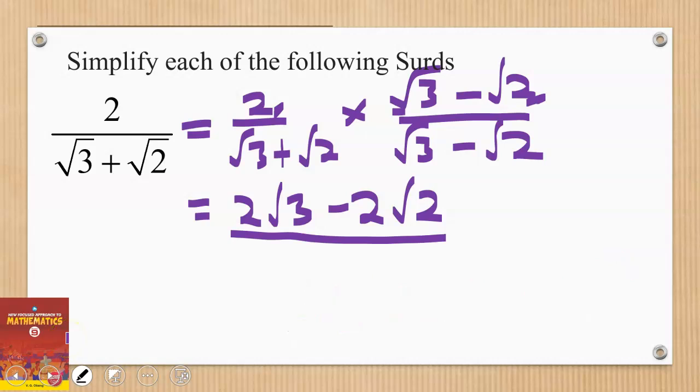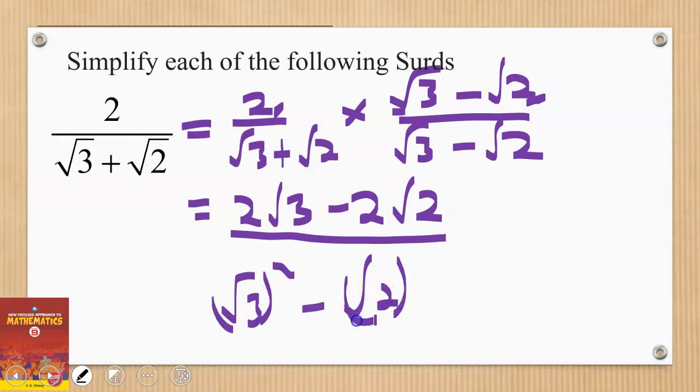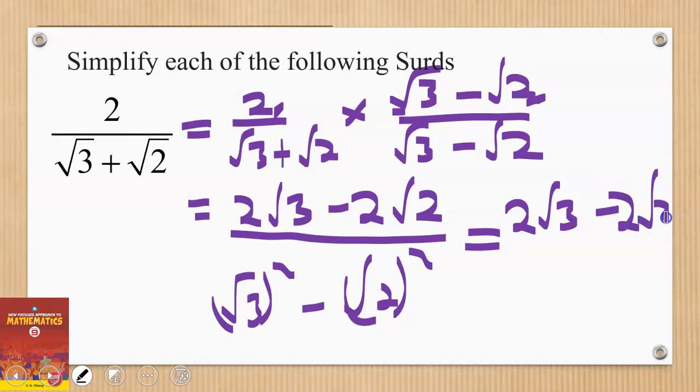So the denominator can be expressed as root of 3 squared minus root of 2 squared. That's what it means. So I can square the 3 and square the 2, which will give me 3 minus 2. Right, so I can easily write this answer as 2 root 3 minus 2 root 2, all divided by 3 minus 2, which is 1.